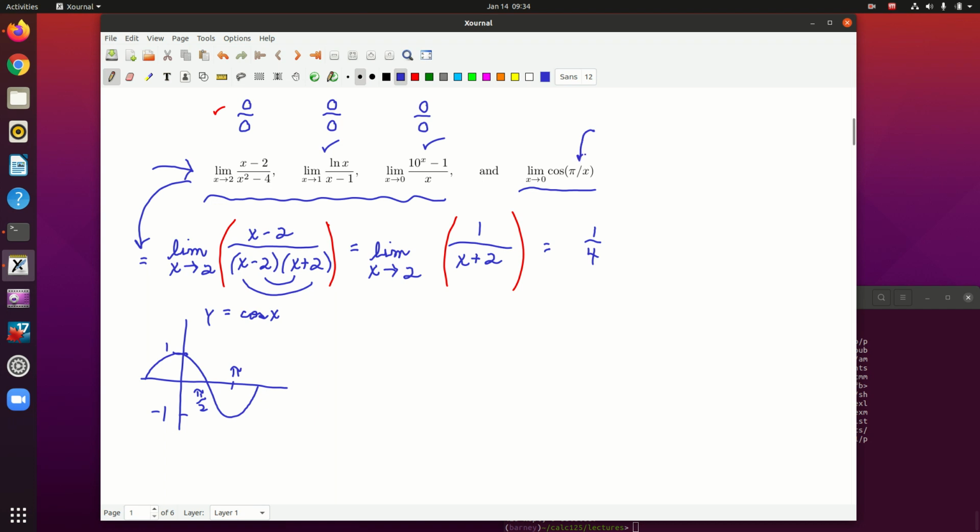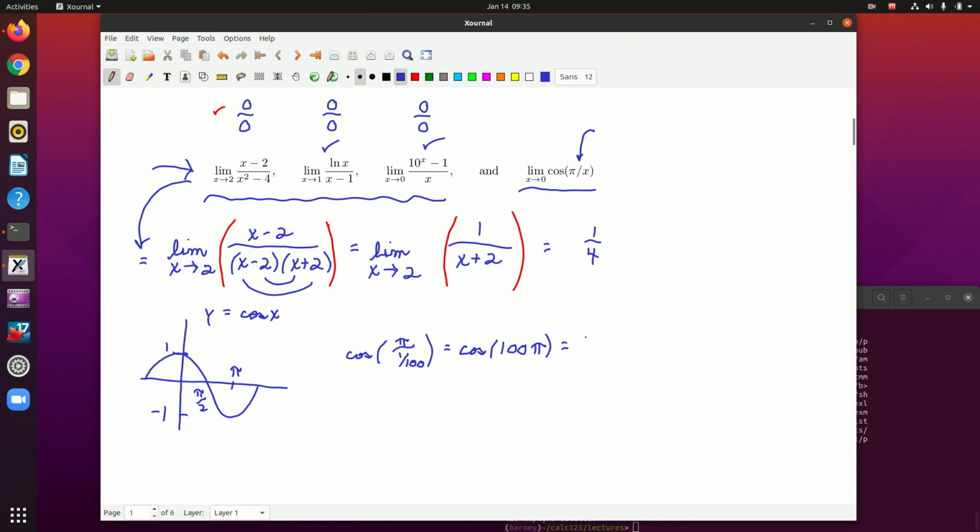So as x gets close to 0, 1 over x gets really big. It's like if you put in 1/2 for this guy. Now let's put in an even bigger number. Put in 1 over 100, something really close to 0. Well, that's the same as the cosine of 100 pi.